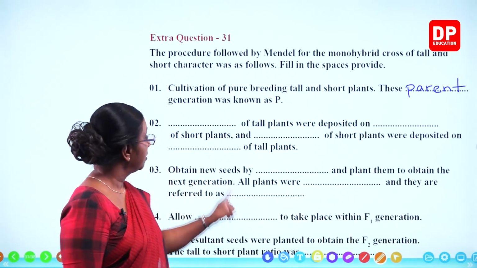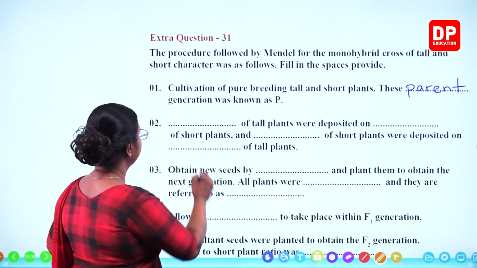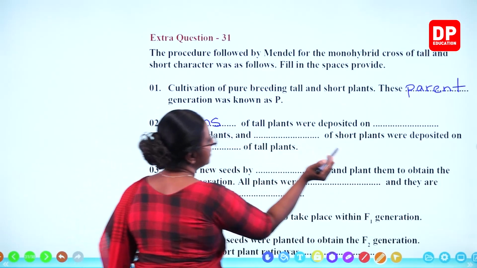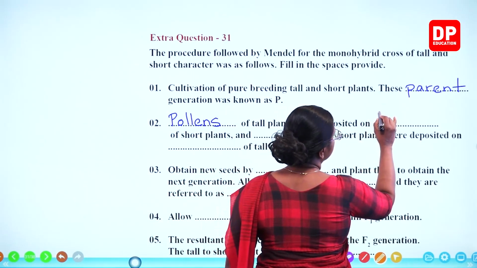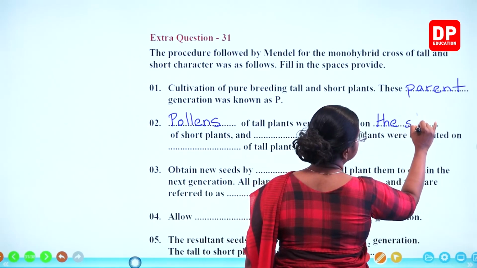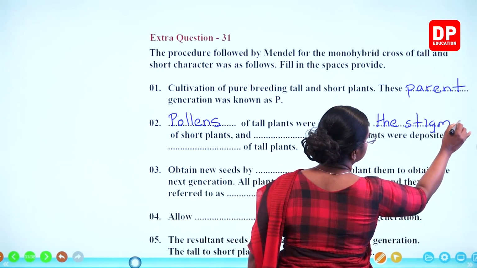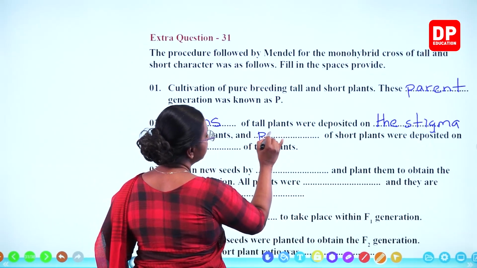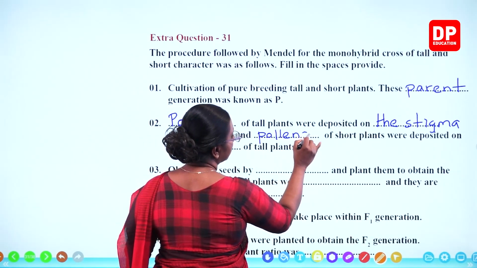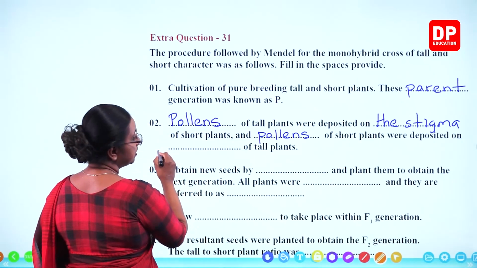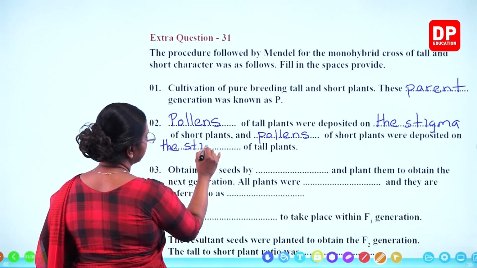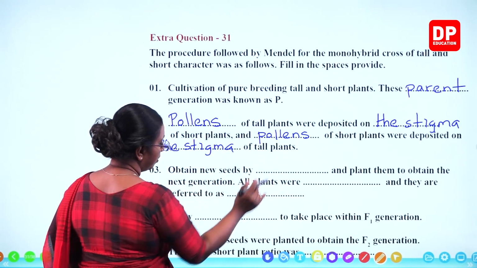So what is it? Pollens of tall plants were deposited on the stigma of short plants, and pollens of short plants were deposited on the stigma of tall plants.